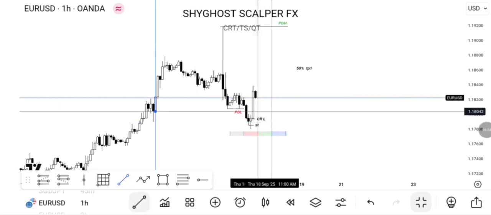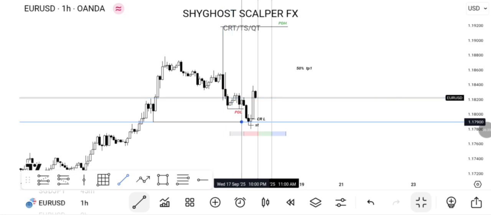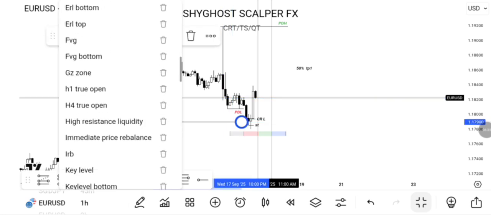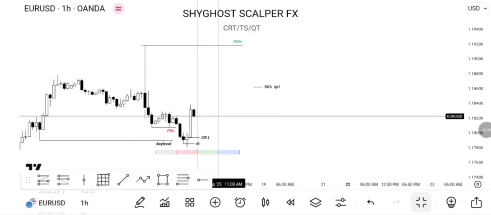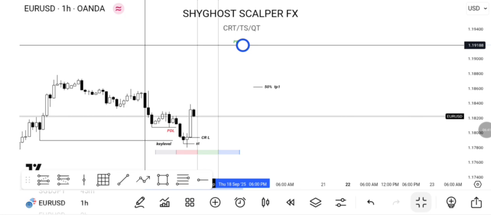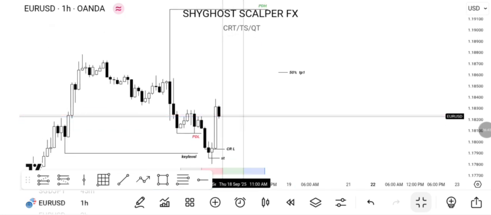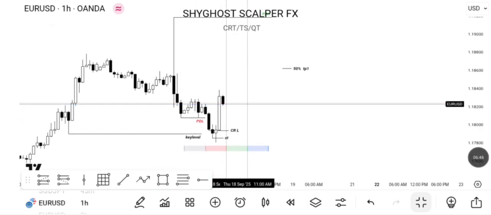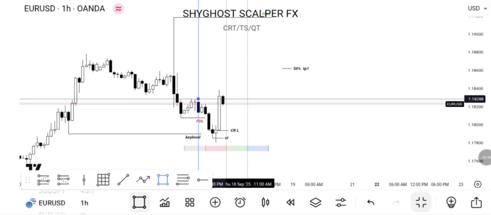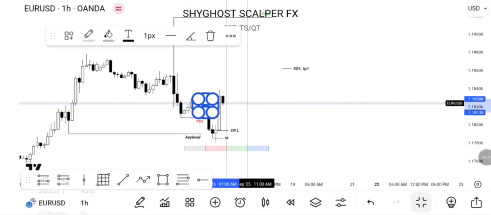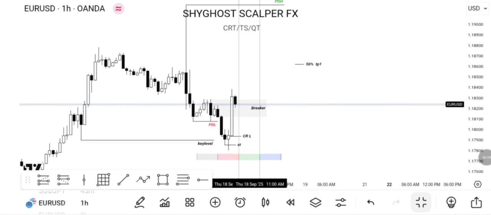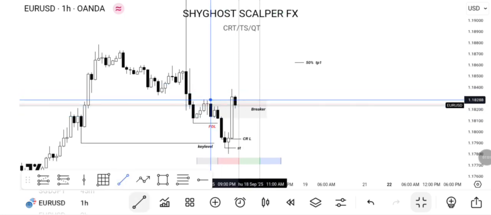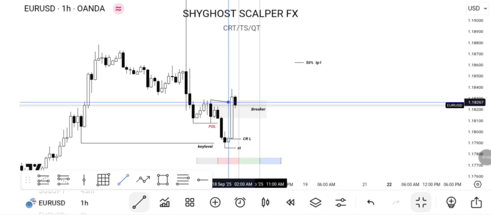So here we know that this is our key level from the higher time frames, right? So now what do we have here? If we can check, we have our breaker here, this area, our breaker that you can enter from, and also it's our Asian high, our previous cycle high, right?